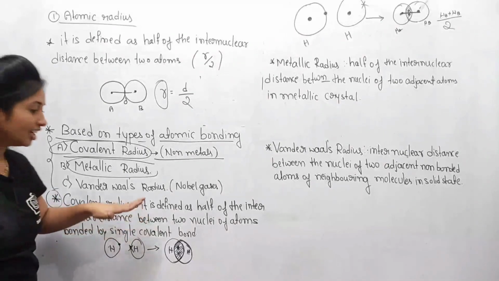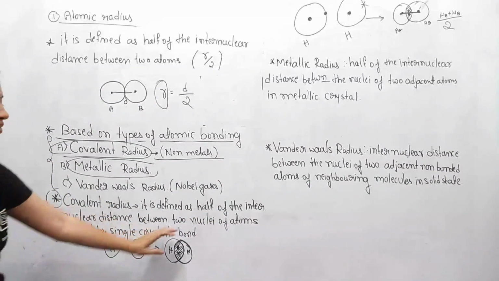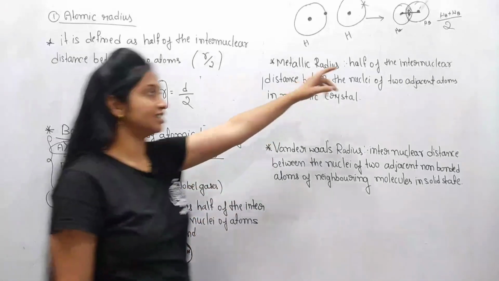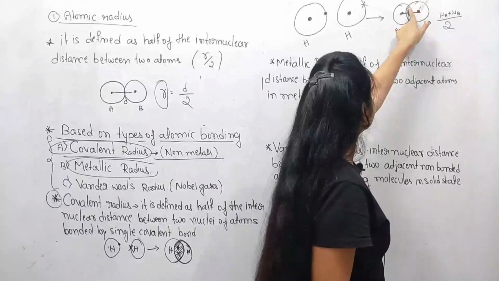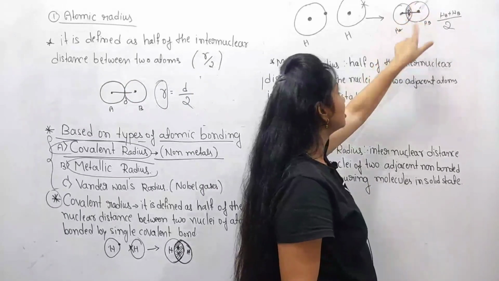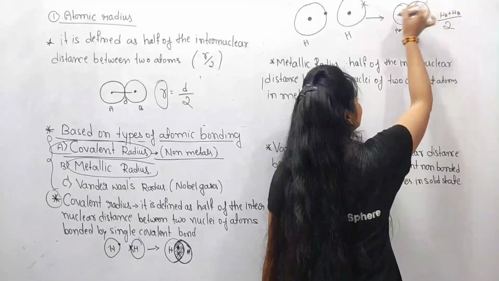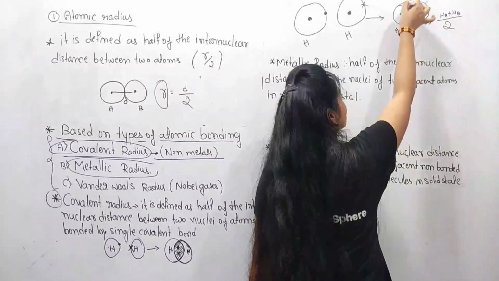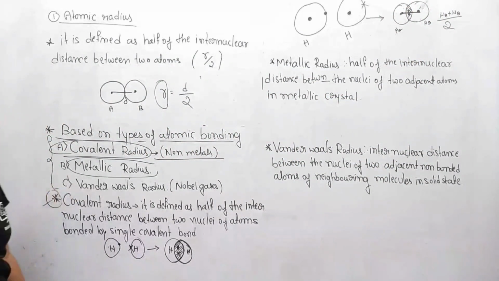Covalent radius is defined as half of the internuclear distance between the two nuclei of atoms bonded by a single covalent bond. Observe here, a single covalent bond is formed, so we take half of the internuclear distance between the two nuclei where the covalent bond is formed. So this is the meaning of covalent radius.